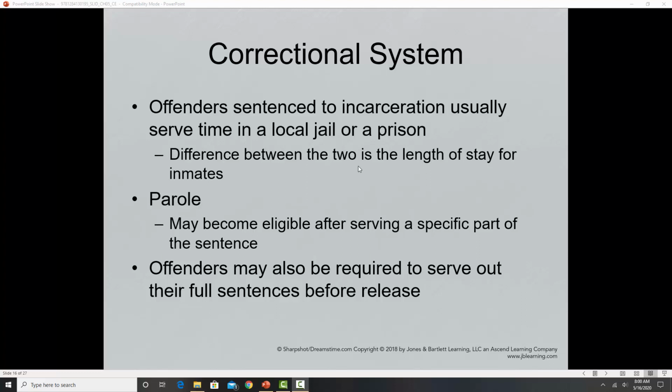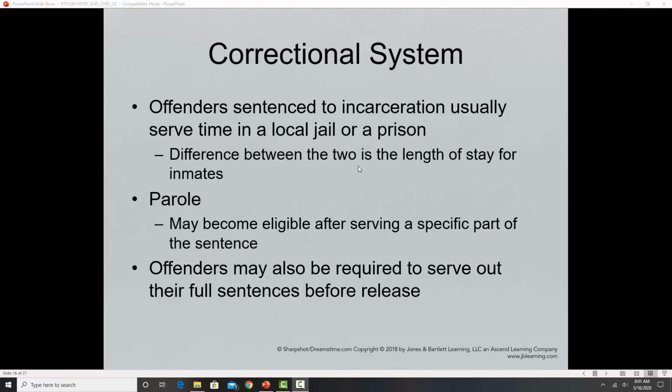Parole is when an offender may become eligible after serving a specific part of their sentence. And if they are eligible for parole, they will go before a parole hearing who will hear evidence. Victim statements can be read at parole hearings, and the parole board will determine whether or not that person should be let out on parole.